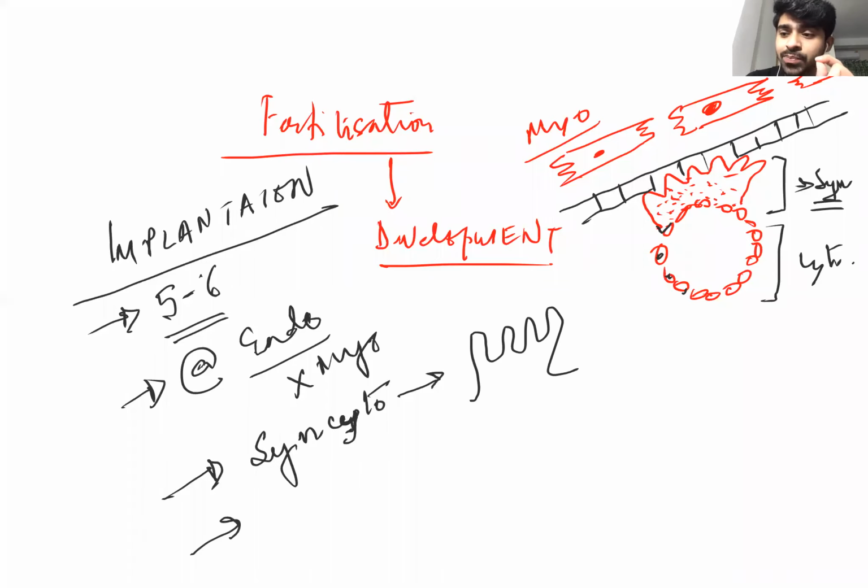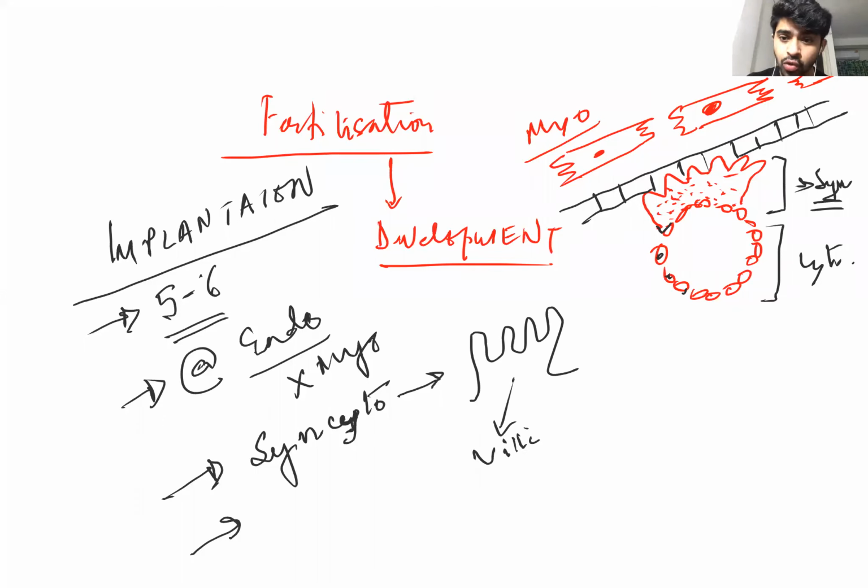Suppose I want to grab your hands, or hold something, I won't use my arms. Rather, I will use my fingers, because fingers are made in such a way that they can easily anchor anything. So the syncytotrophoblast forms something looking like a finger, a villi, and this is known as chorionic villi.